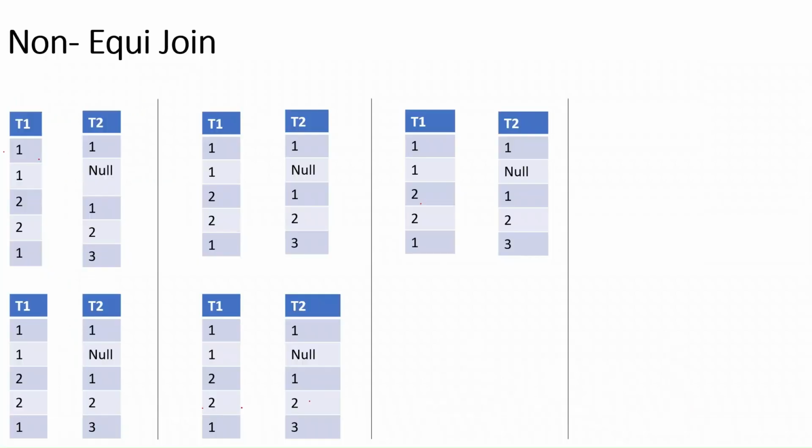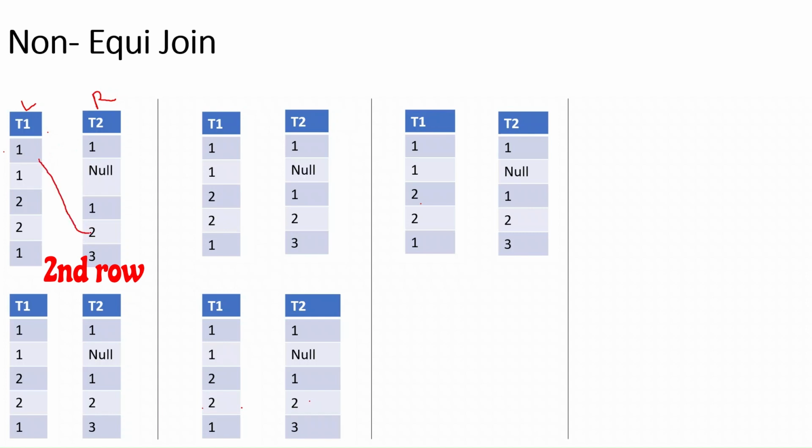in practical explanation. Now see here, I have taken the table T1 and table T2. We know what a non-equi join is. Non-equi join means it will take the unmatched records only. Now this is my left table, this is my right table. 1 is matching with the 1, so it won't take it.